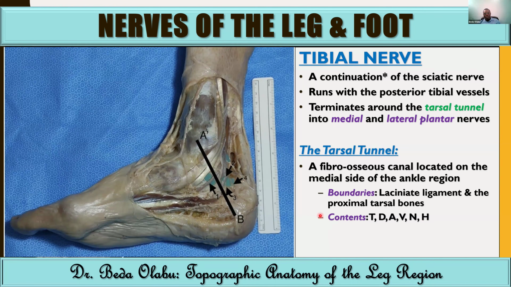H for the flexor hallucis, not so well visualized in this one, but somewhere there. I'd already shown you flexor hallucis. So flexor hallucis longus arises from the fibula, and it will insert onto the big toe.